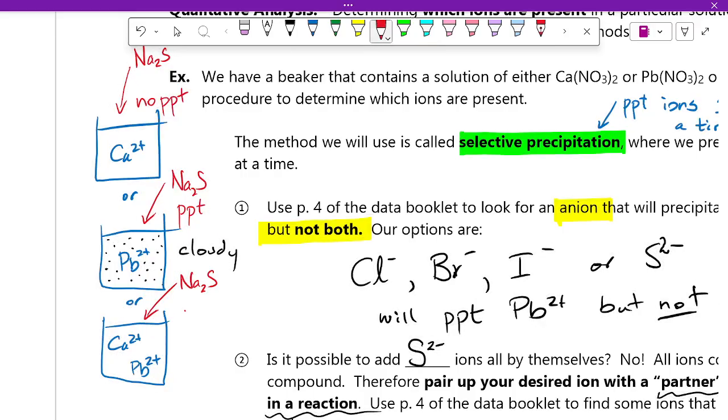You'll get a precipitate with the lead, and it will look cloudy. Okay?